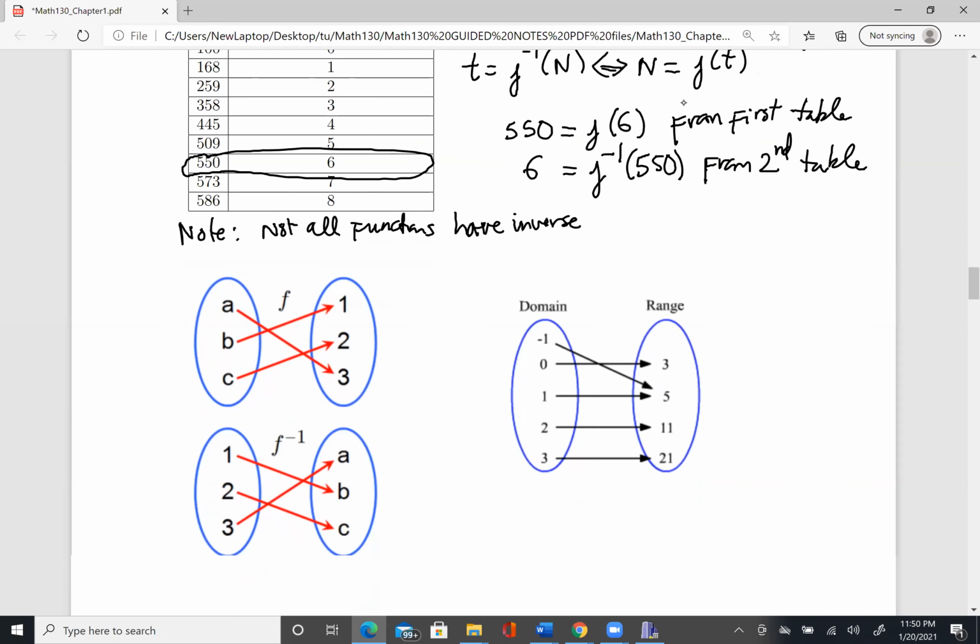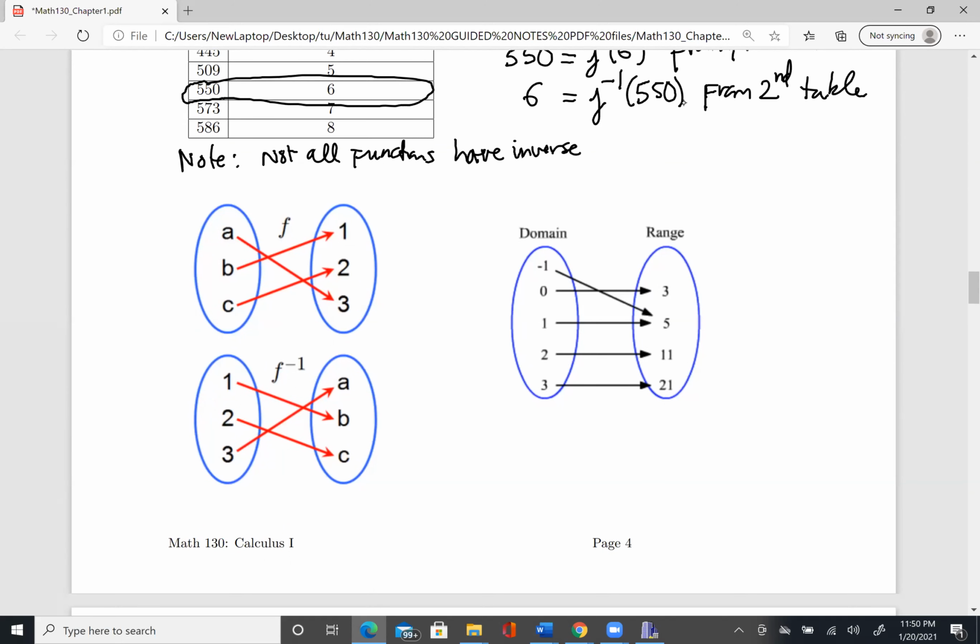Down here is a figure that tells you how a function can have an inverse or not.